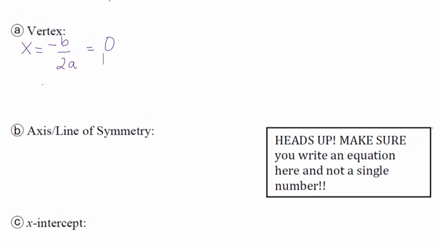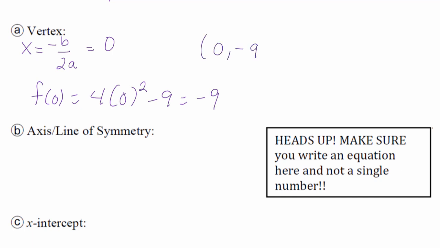So f of 0 is 4 times 0 squared minus 9, or negative 9. So our vertex is 0, negative 9, and do you recognize that point? Well, as you know, an ordered pair where the x-coordinate is 0 will be a y-intercept, right? So this vertex is also the y-intercept for our parabola.